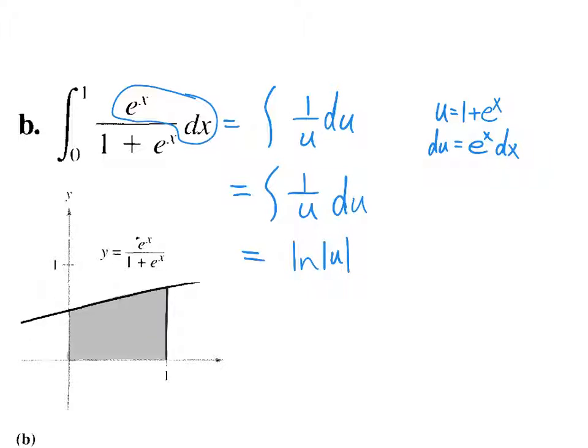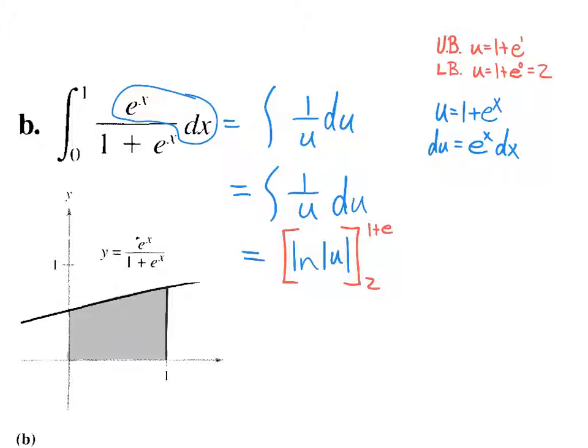The alternative is, since u is 1 plus e to the x, I could make the upper bound u equals 1 plus e to the first, and the lower bound u would equal 1 plus e to the 0, which is 2. It really doesn't matter which one you choose to do. Since I've got this here, I'll go ahead and use the bounds that I just found, going from 2 to 1 plus e.